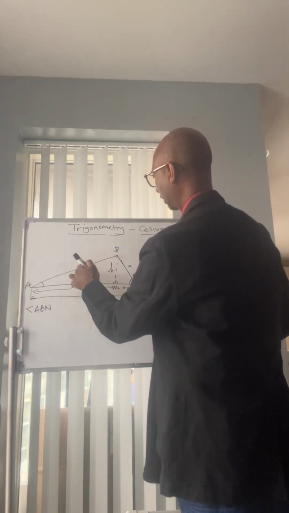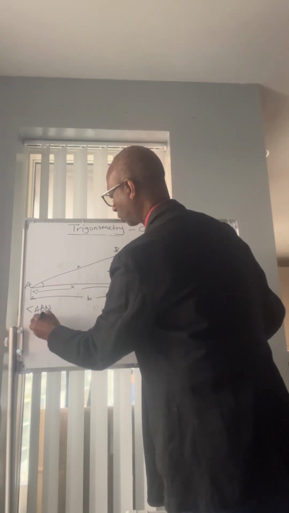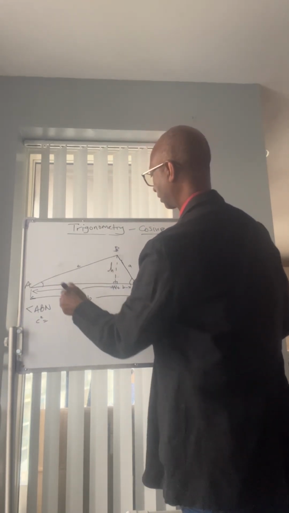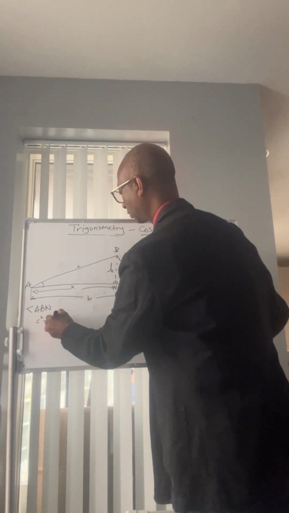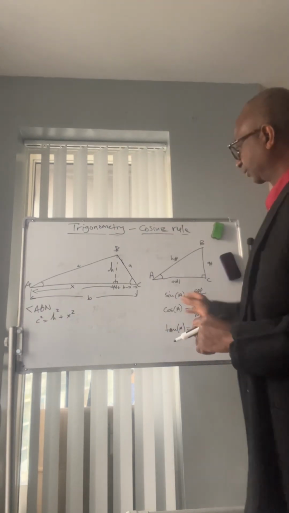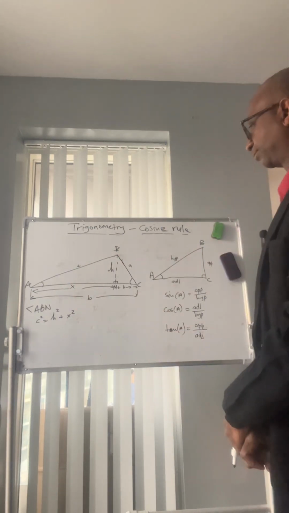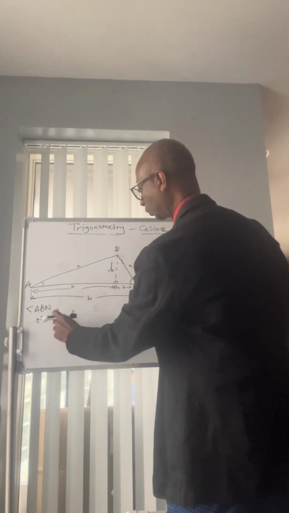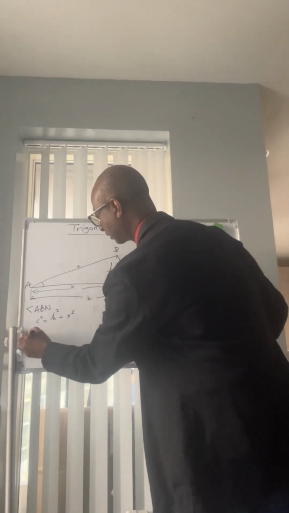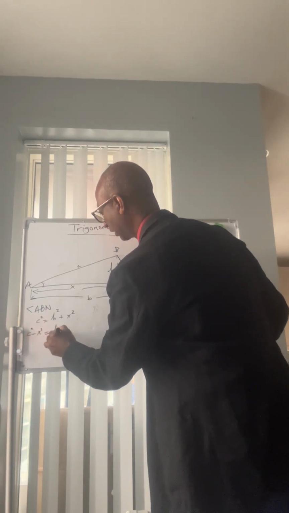You have the hypotenuse, as we see from Pythagoras, c squared is equal to the sum of the other remaining sides, so c squared equals h squared plus x squared. So we want to find what h is. Now c squared minus x squared must be equal to h squared.